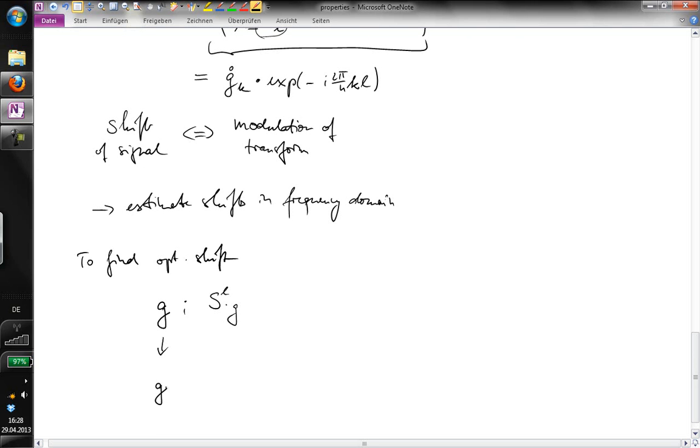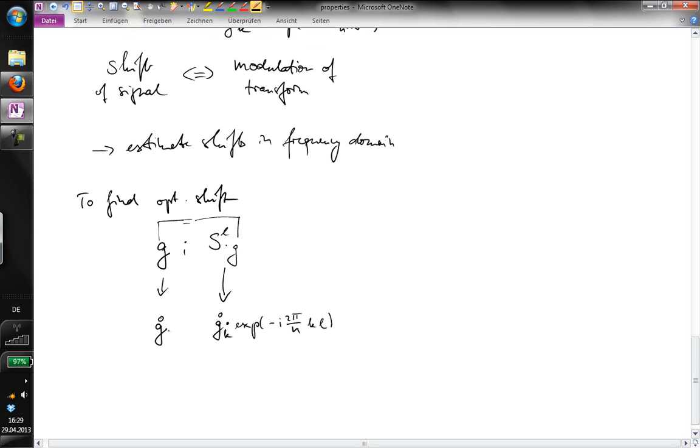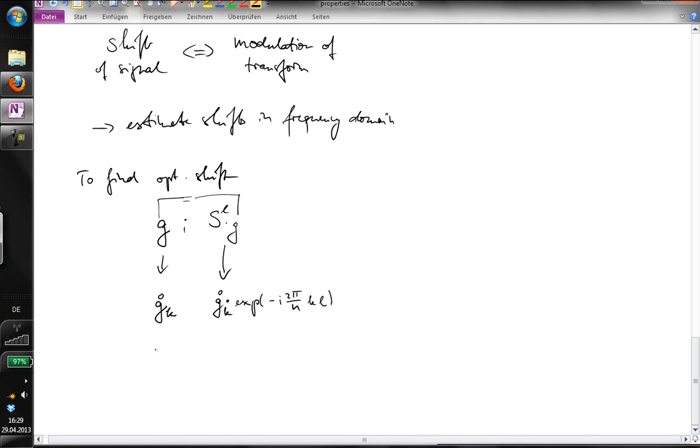I can compute the transform of G. I can compute that which, if the signals are really perfectly identical, will be the same with this modulation here. I'm adding the indices here to get just a number, not the full vector.